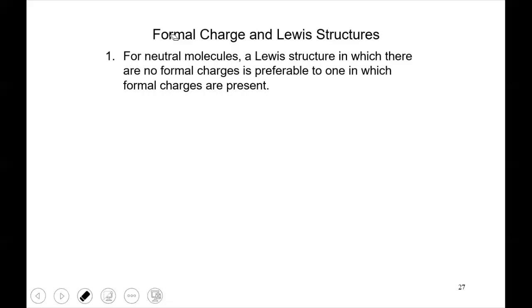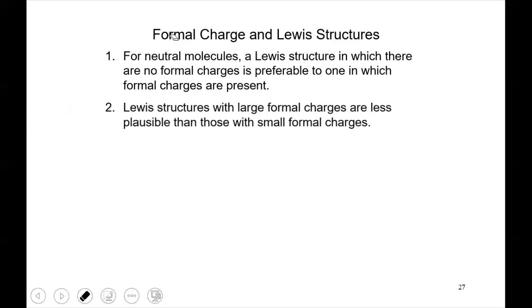So if I have two structures and one of them shows me a formal charge of +1 here, a -1 over there, and I have an alternative that doesn't show any formal charges, the one with no formal charges is preferable. Now, let's say that we do have to have formal charges. There's no alternatives with no formal charges. In that case, the structure with large formal charges is less plausible than one with small formal charges.